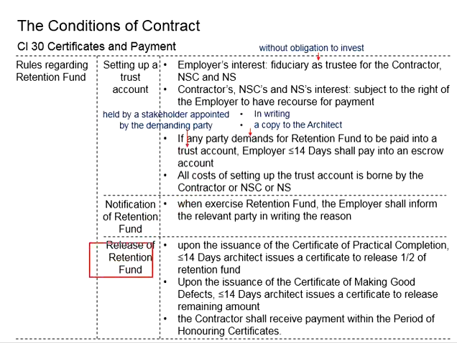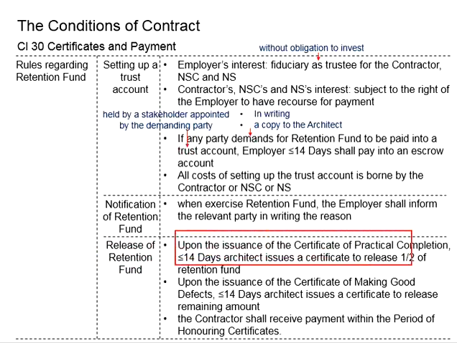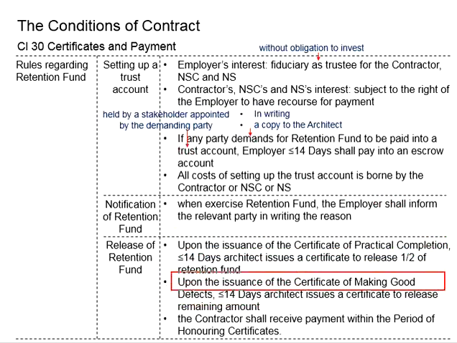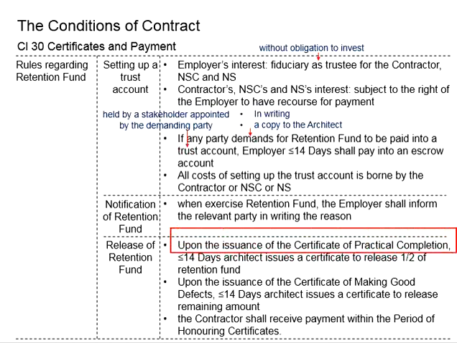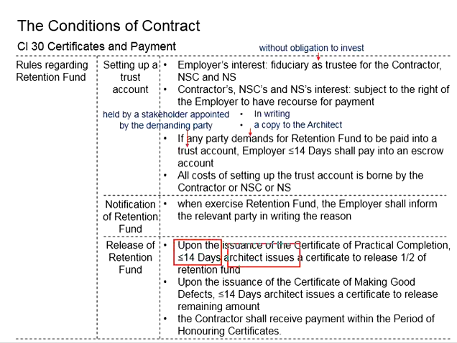Next is about the release of retention fund. The retention fund is released in two stages. First is upon the issuance of the certificate of practical completion, and the second is upon the issuance of the certificate of making good defects. Upon issuance of the certificate of practical completion, within 14 days, the architect will need to issue a certificate for the release of half of the retention fund.